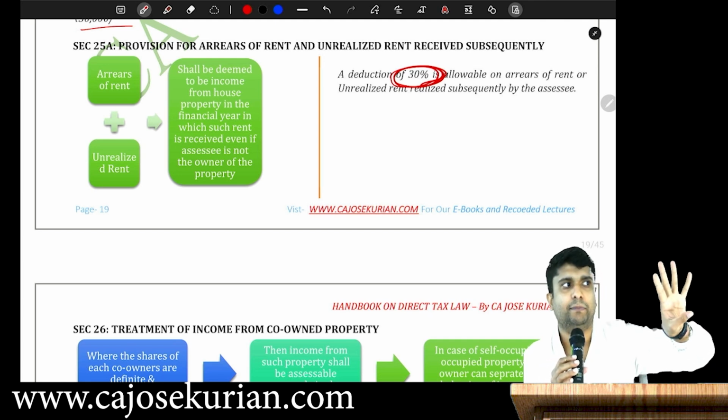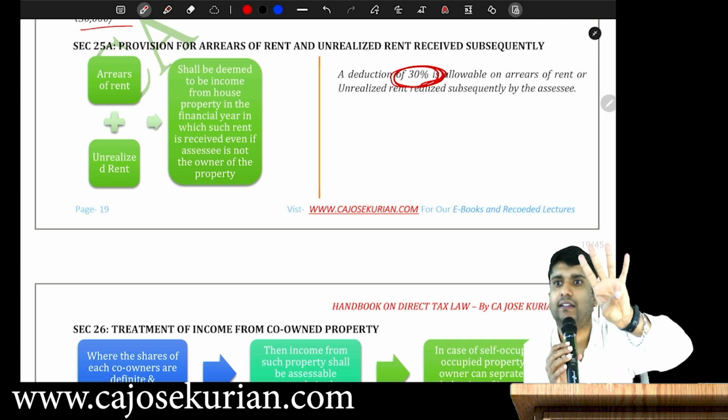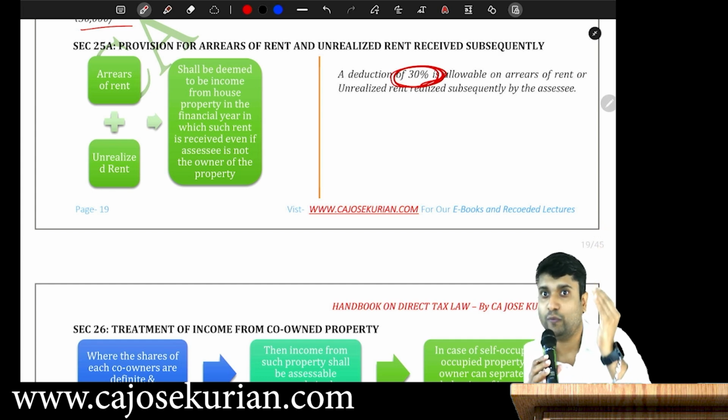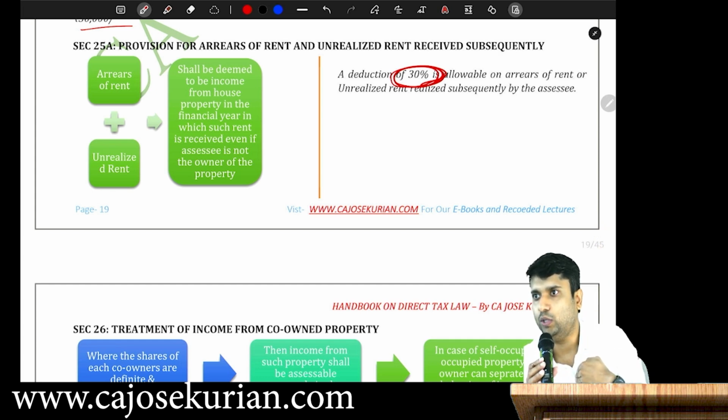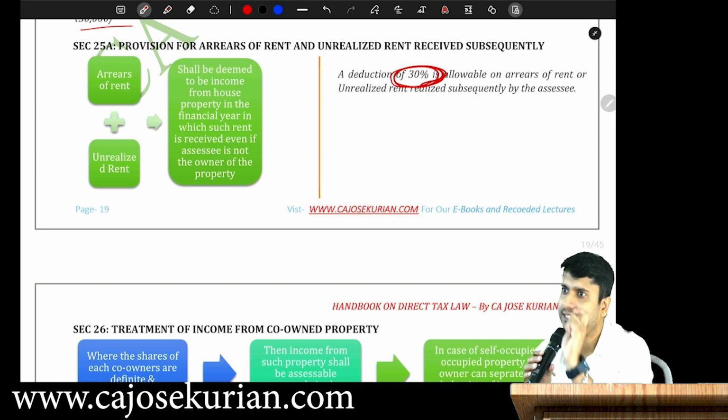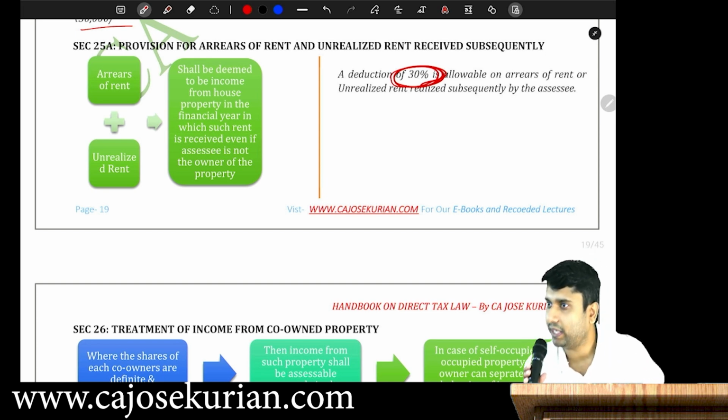Now he came back and paid me 4 months rent. So when I am getting this 4 months rent, I don't own the property. Do I own a property today? No. But still I have to show it as income under house property and I can claim 30% standard deduction. Are you with me?